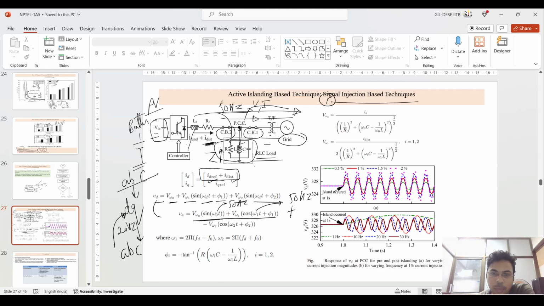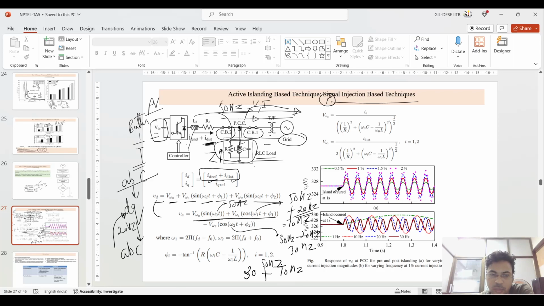Omega naught is the same 50 Hz signal, and you will get omega 1, which is 50 Hz plus 20 Hz, because we are injecting a 20 Hz signal, that is a 70 Hz signal, and omega 2 is 50 Hz minus 20 Hz, that is 30 Hz.